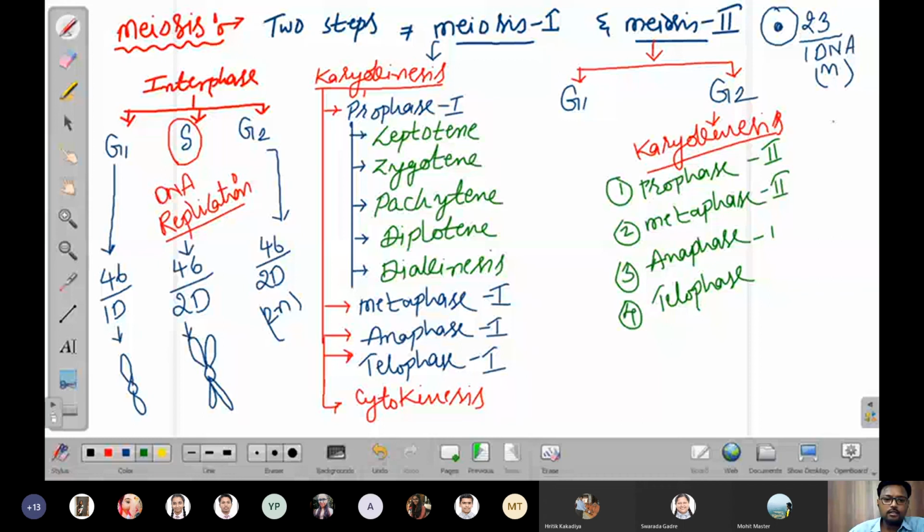Thereafter it began with the cytokinesis, so it will end.